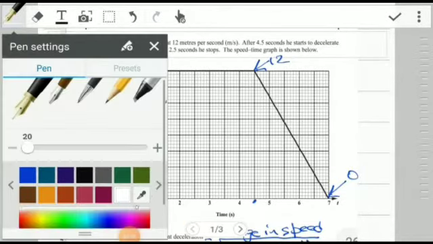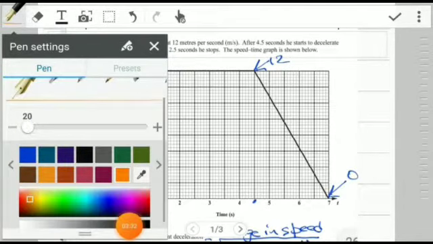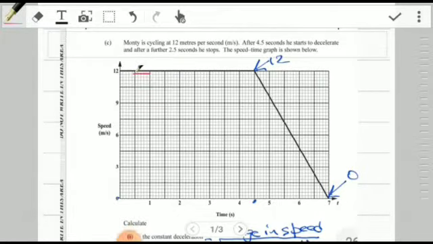So we're talking about the distance covered. It's going to be looked at as the area under the graph.